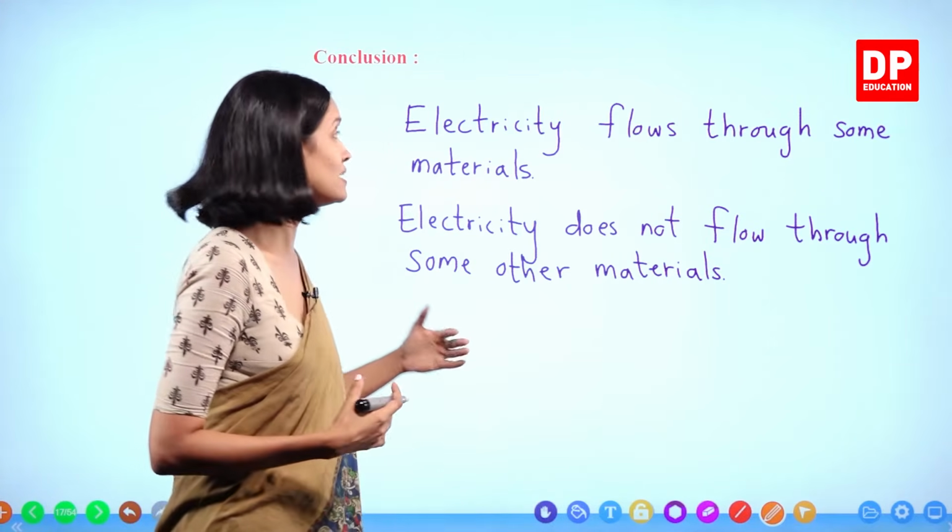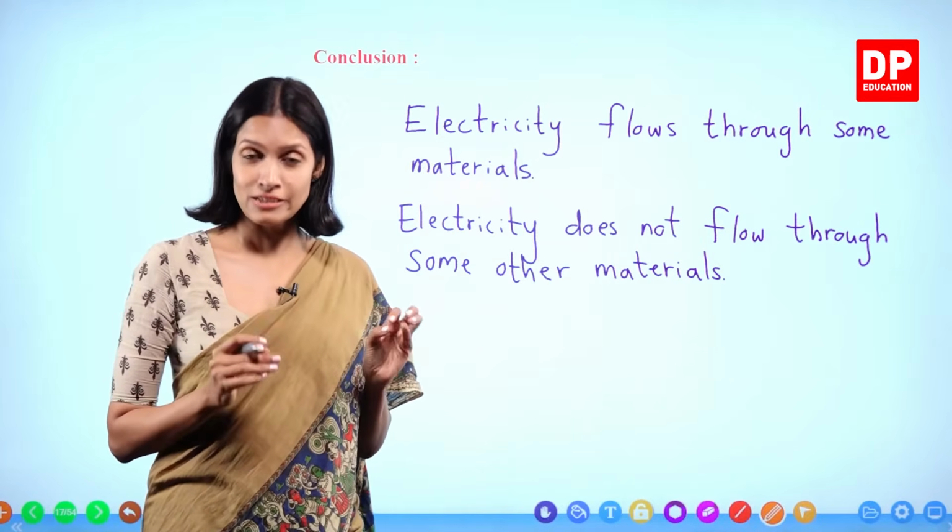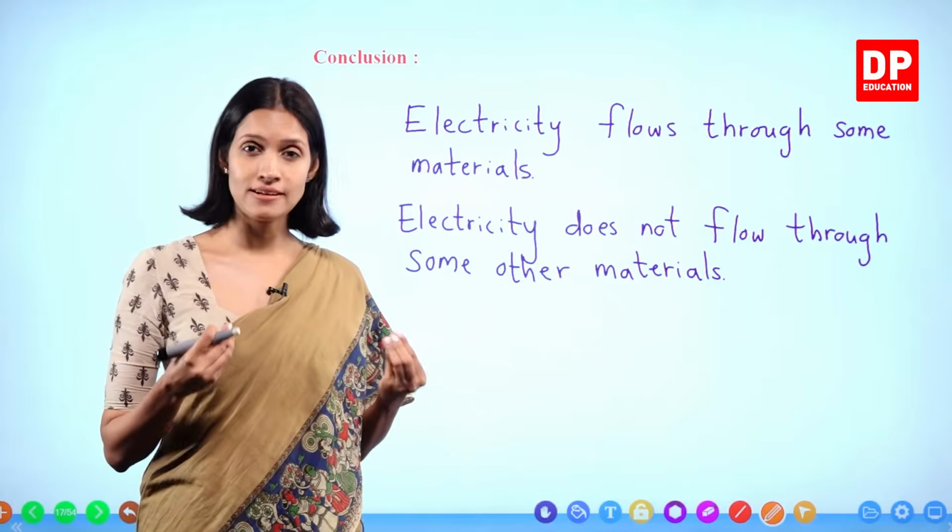So you can even write, electricity flows through only some materials. Okay, children, which means it is selective, right?